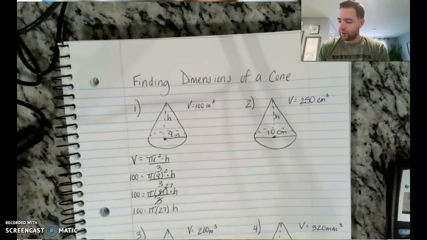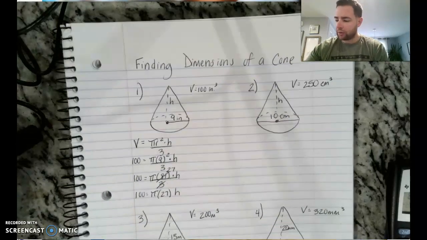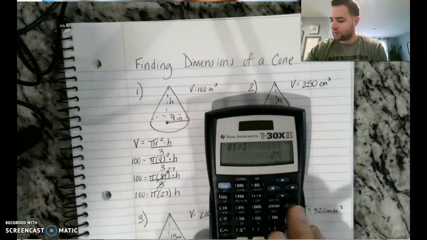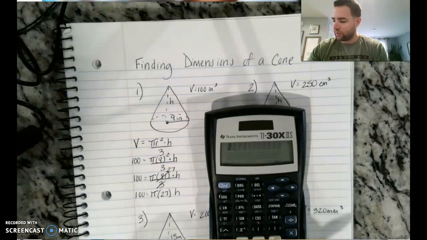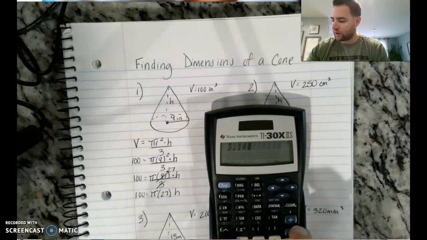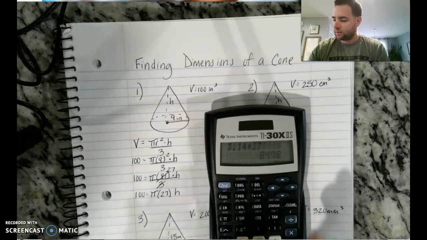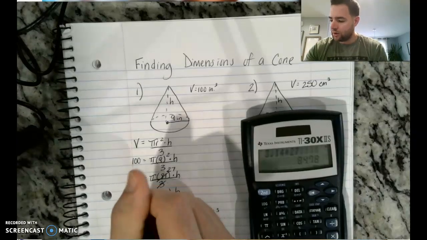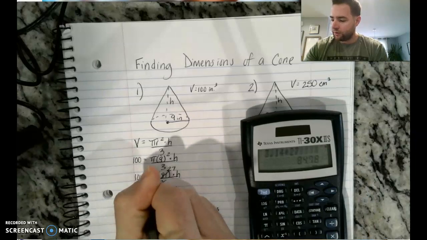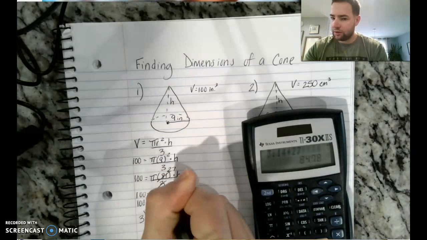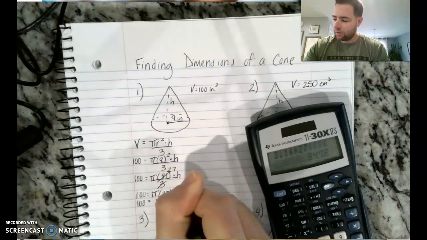So the next thing we're going to do is pi 3.14 times 27. And I get 84.78. So I have 100 equals 84.78 h.